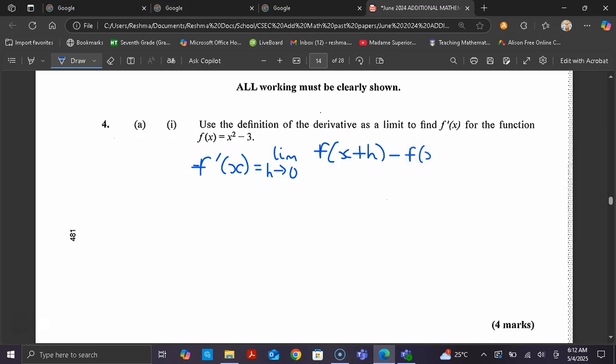Unfortunately I can't explain it here, but I'll show you how you calculate the limit.